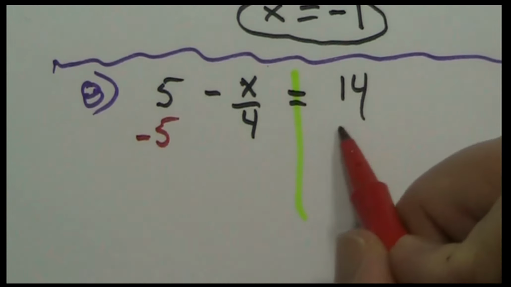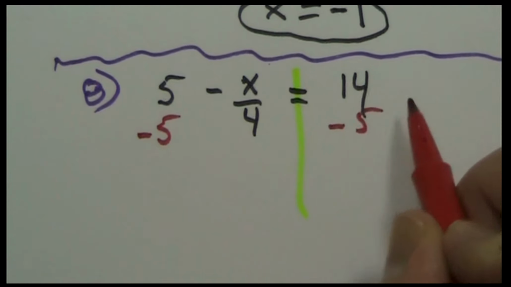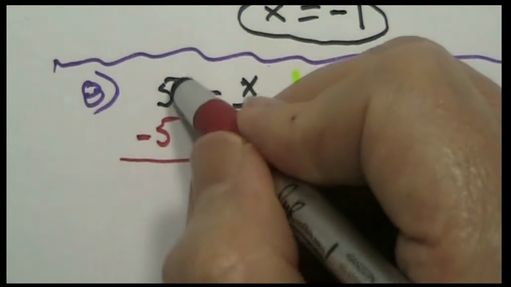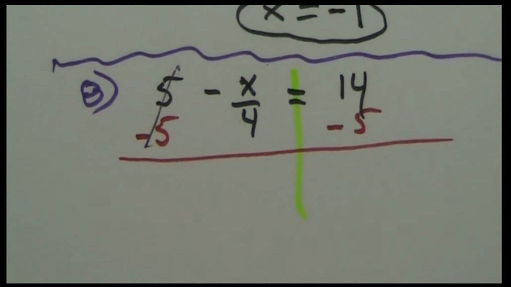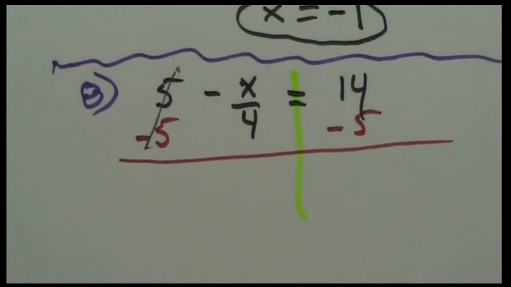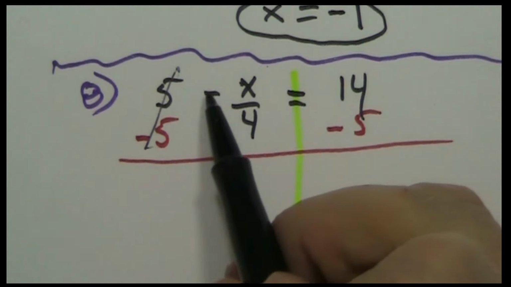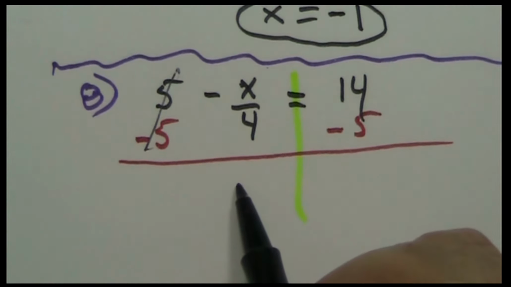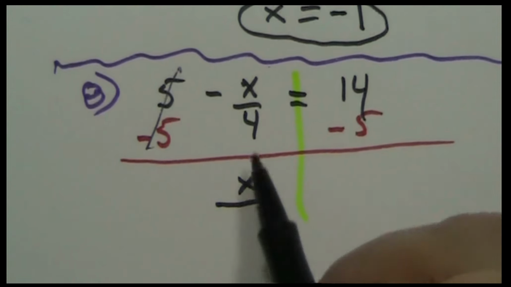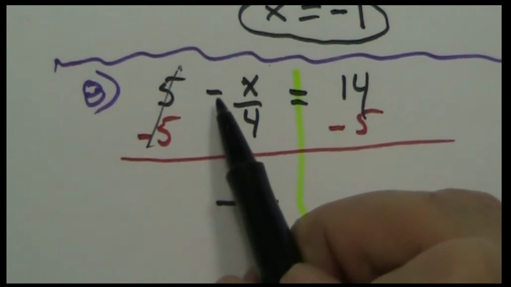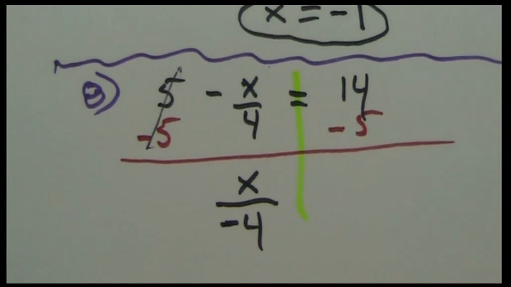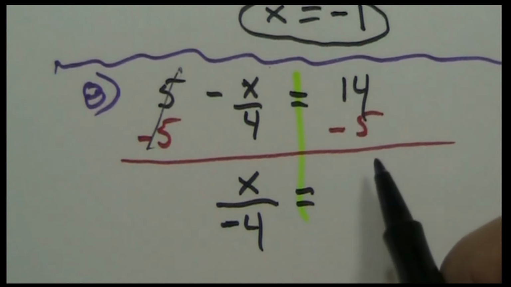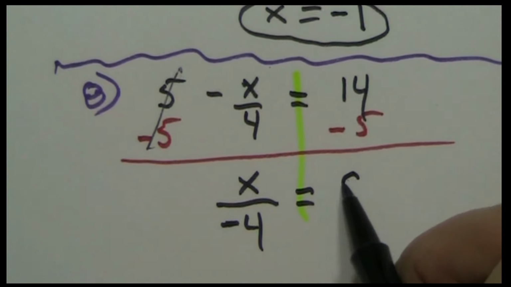That will get rid of it. Right, because that's just 0. Now, again, that minus is the same thing as a negative, same result. So think of this to make it easier. Put that negative down at the bottom. 14 minus 5 is 9.